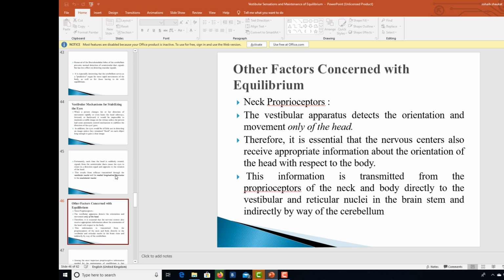Therefore, it is essential that the nervous centers also receive appropriate information about the orientation of the head with respect to the body. This information is transmitted from the proprioceptors of the neck and body directly to the vestibular and reticular nuclei in the brain stem and indirectly by way of the cerebellum.